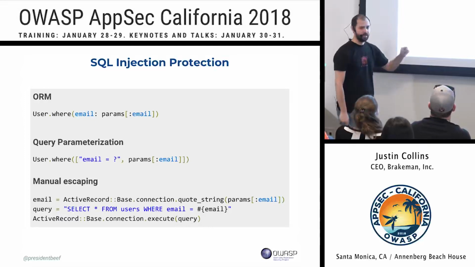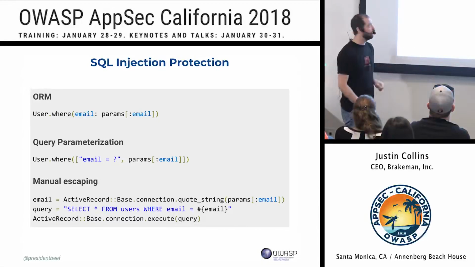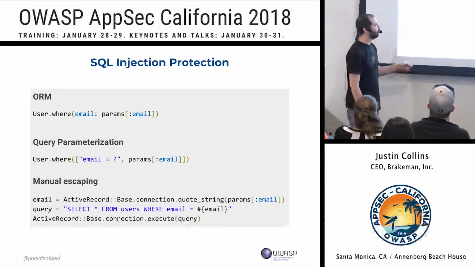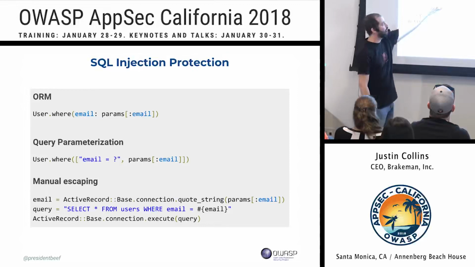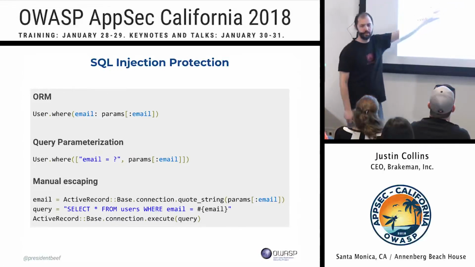Query parameterization is generally the most commonly recommended way of preventing SQL injection, right? And it mostly works, except first of all, you're still doing string manipulation, and it tends to be limited on where you can put these placeholders.